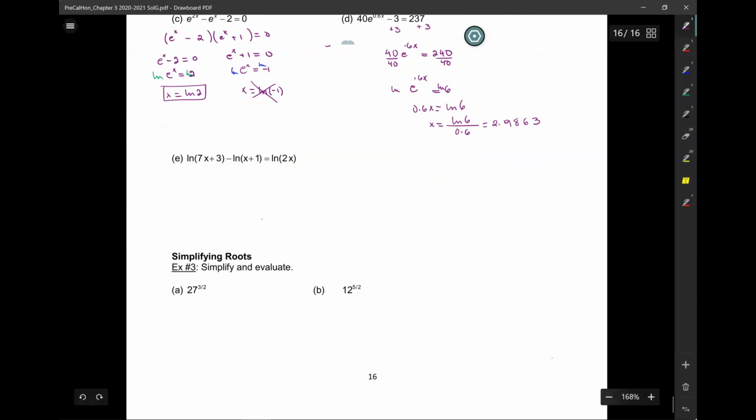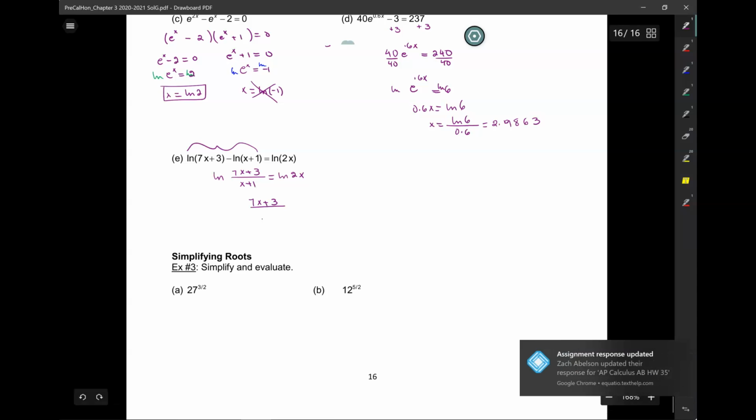Okay, next, for this problem, we have to first condense this left side. So we'll get ln of (7x plus 3) over (x plus 1) equals ln 2x. Setting the inside equal to each other.